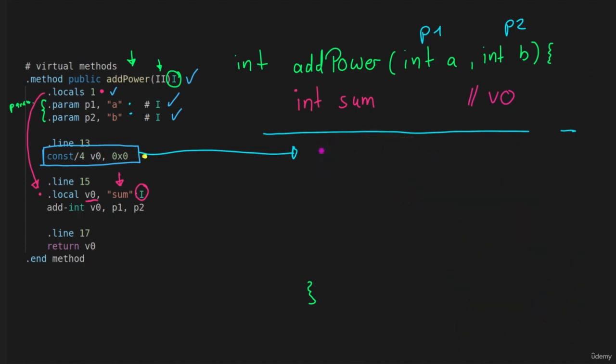Okay, and now let's try to store the value 20 with const/4 V0, and then we've got 20, which is 0x14. This is 16 to the power 0, which is 1, times 4, and 16 to the power 1 times 1, plus, it's 20. Okay, let's do the binary representation of this value 20.